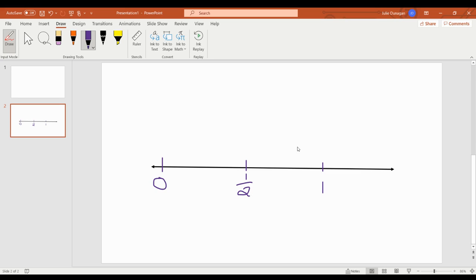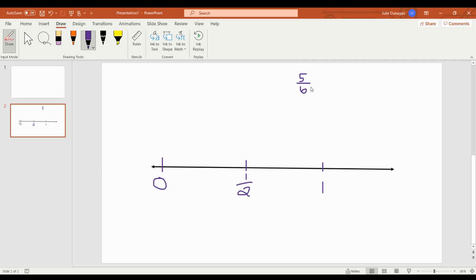So let's look at the fraction 5/6. So we know 5/6 is somewhere between 1/2 and 1, but we know it's going to be closer to 1 because we have 5 pieces out of 6, so that's almost a whole.